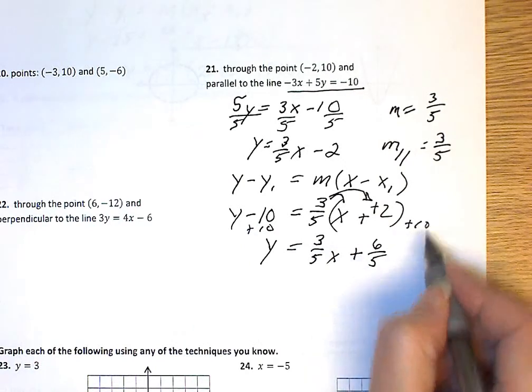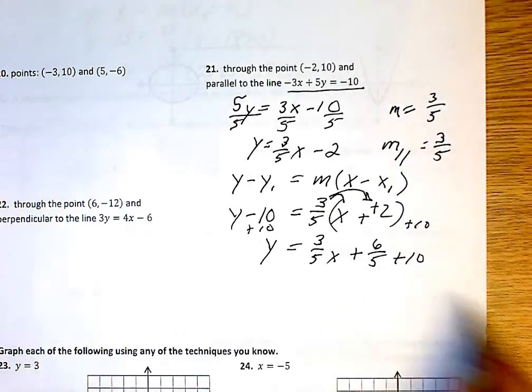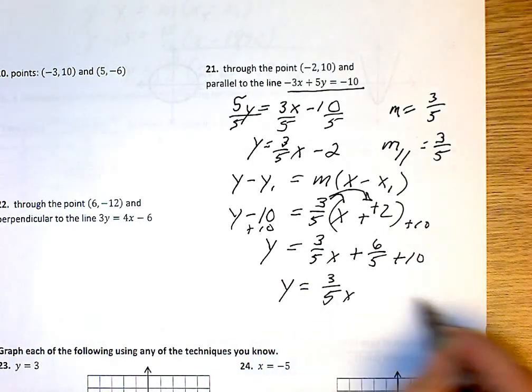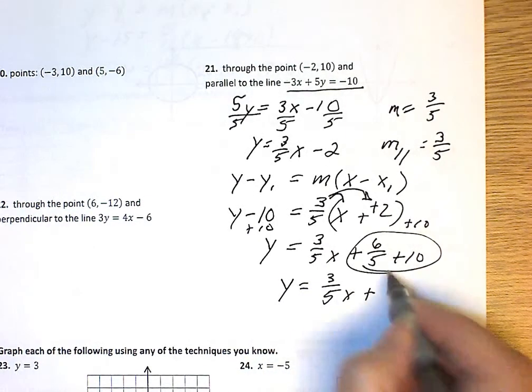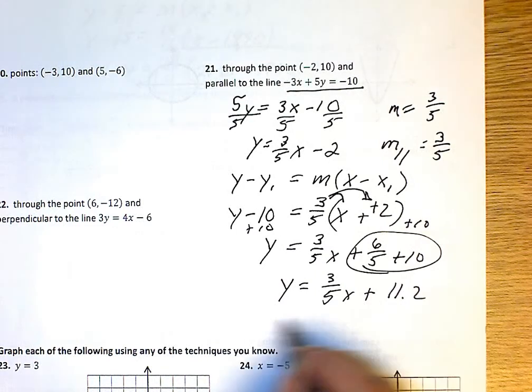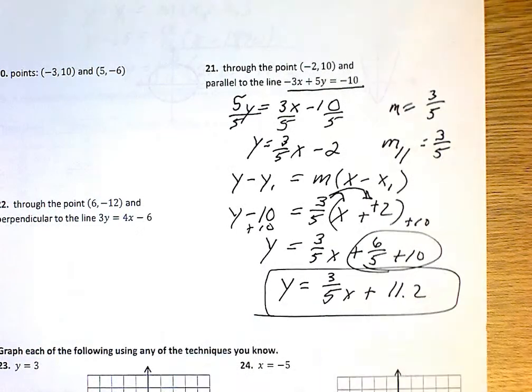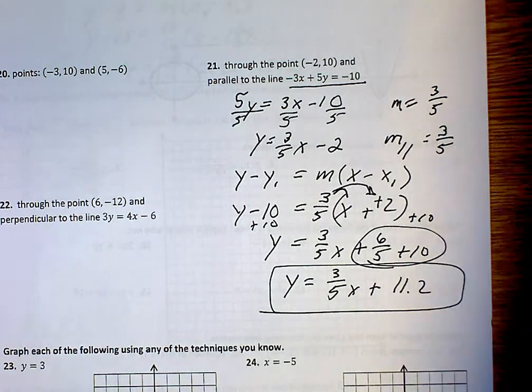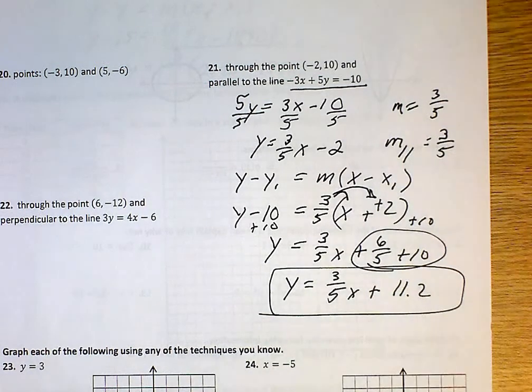So plus 10. Cleaning it up, y is equal to 3/5 x plus, throwing this into your calculator, you should get 11.2. Anybody else verify that? Yep. Okay. Questions on 21? All right, 22.